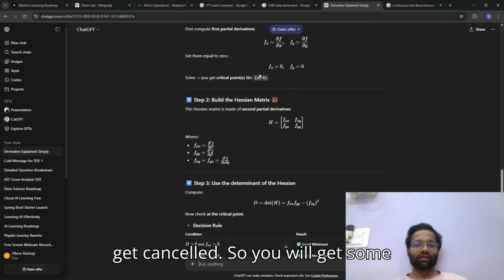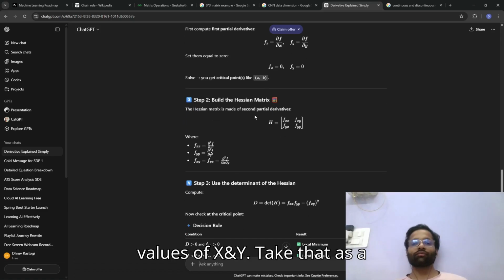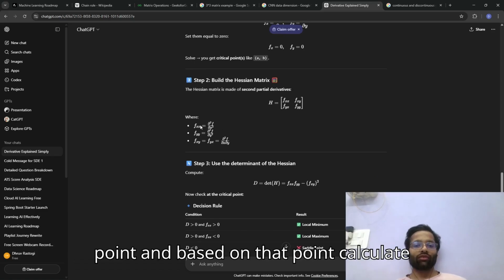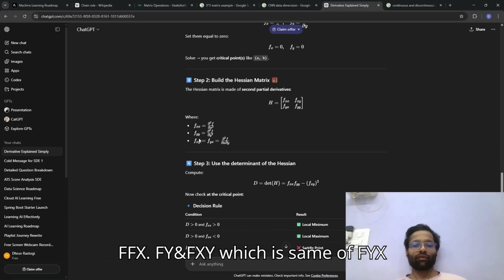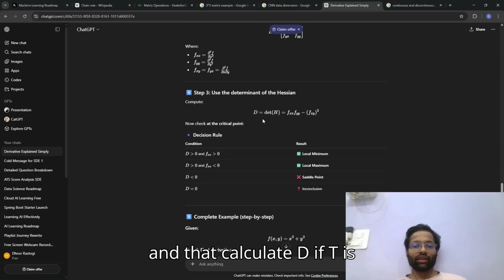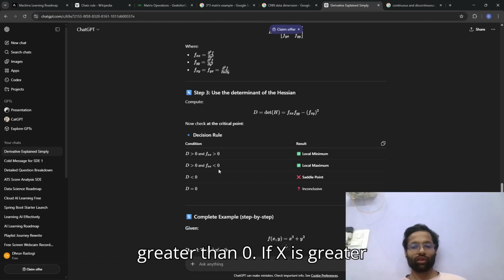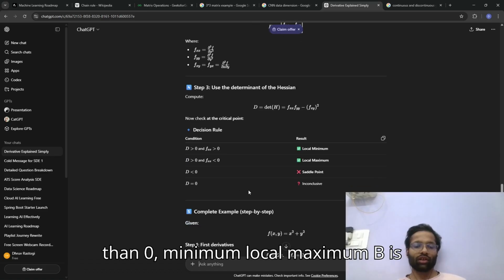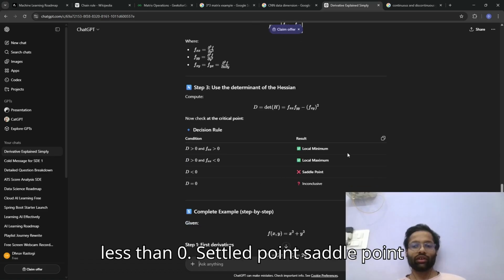So you'll get some values of x and y. Take that as a point, and based on that point, calculate fxx, fyy, and fxy, which is the same as fyx. So you can do it in any manner. Then calculate D. If D is greater than 0 and fxx greater than 0, it is a local minimum; if fxx is less than 0, a local maximum. If D is less than 0, it is a saddle point.